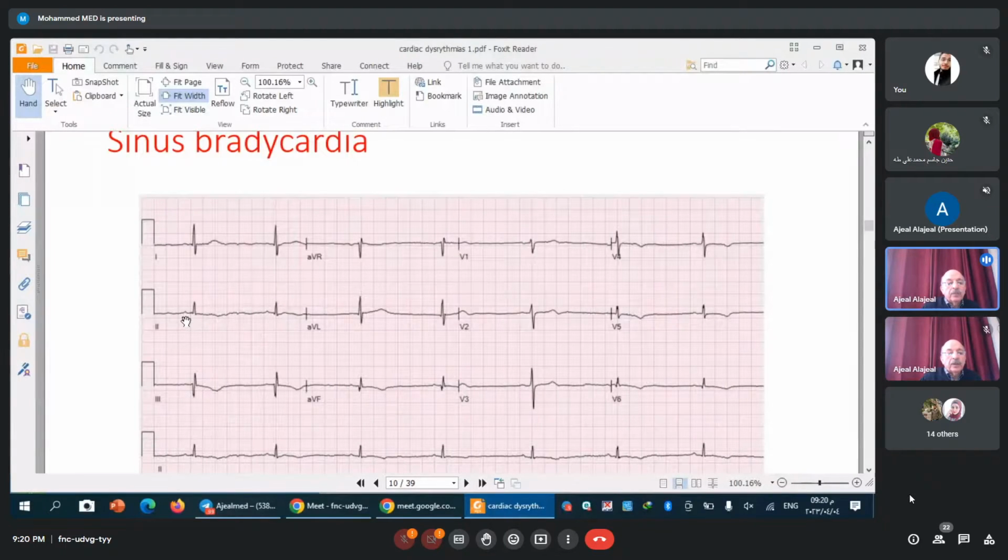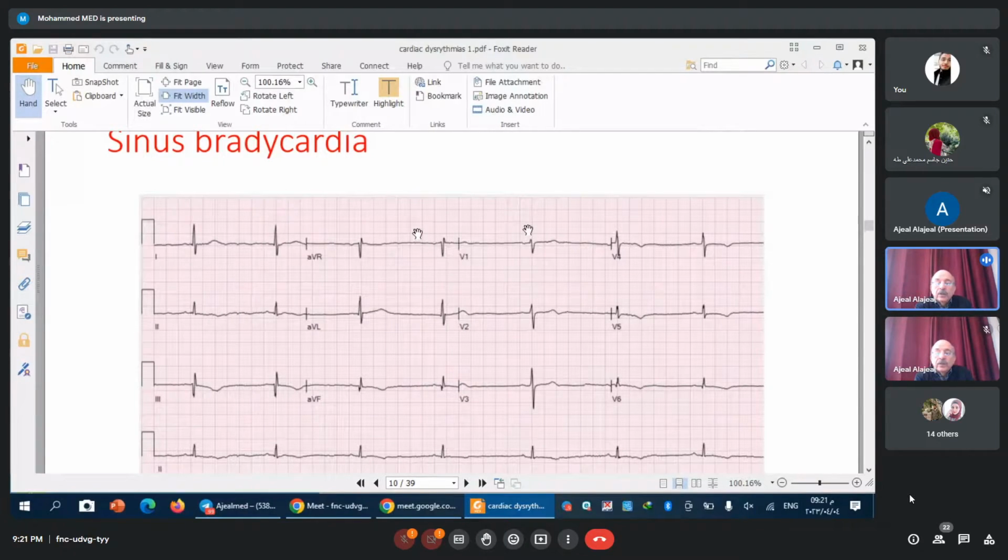This is sinus bradycardia. You can see that there is always a P wave followed by QRS, and then there is a T wave. So this is a normal cardiac cycle, but the heart rate is slow. This occurs with hypothyroidism.